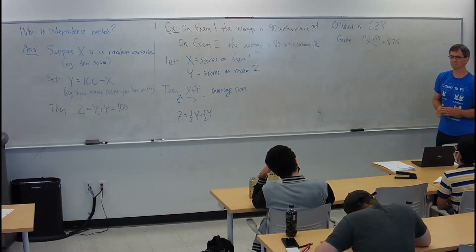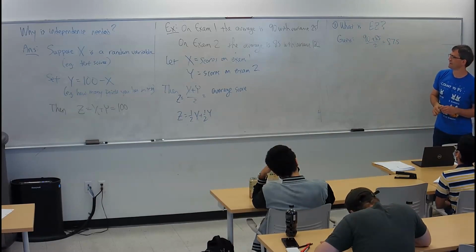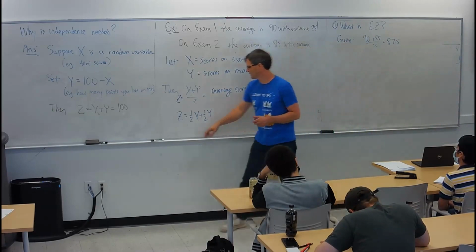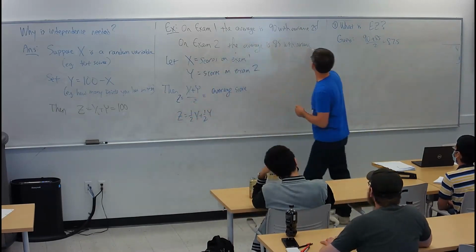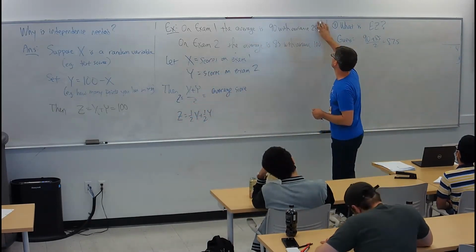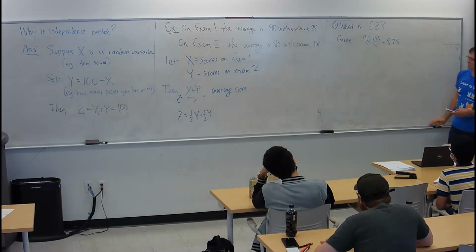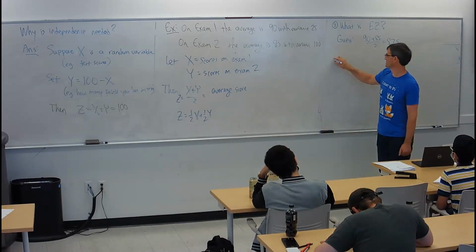Now let's, yep, what's that variance for exam 2? 100. And I'm writing it down as variance because that's how we learn things now, but like I said a few times, really you want to look at the square root of that. Okay, so that's our guess. Let's see if that's true.